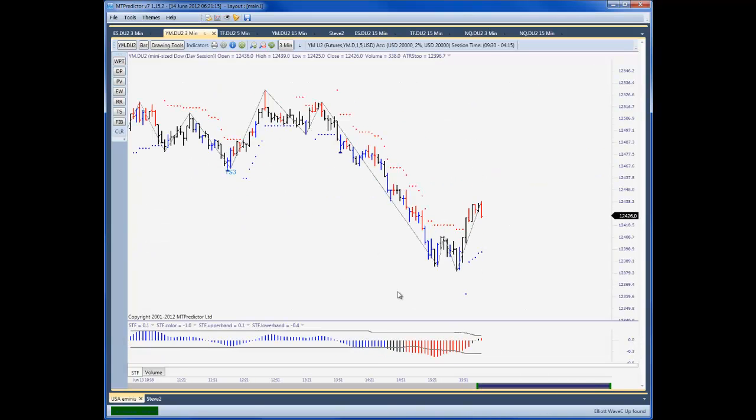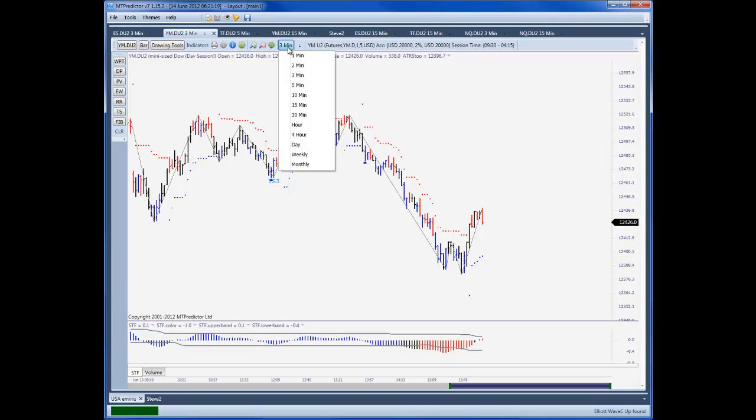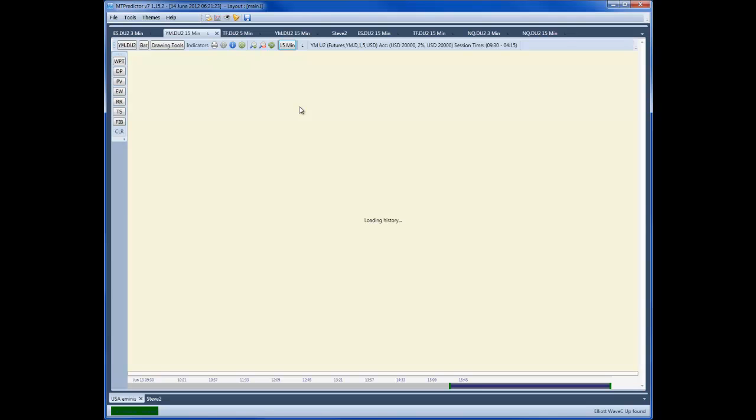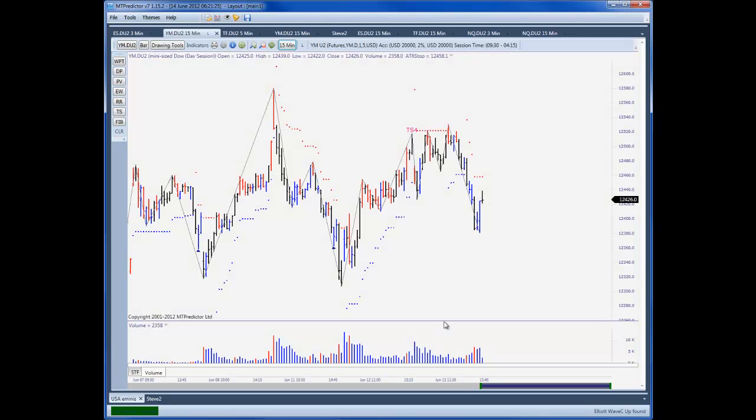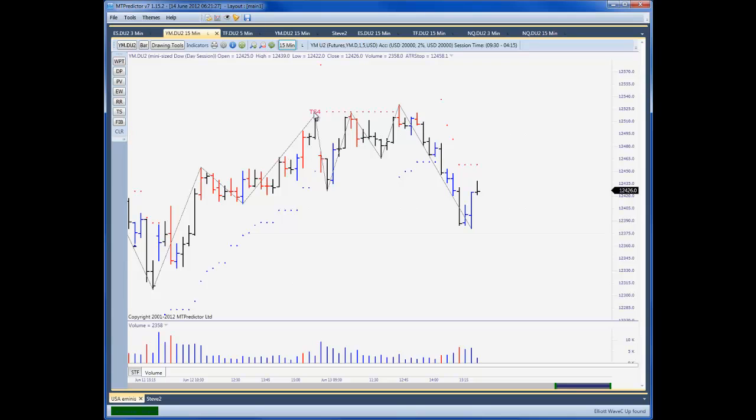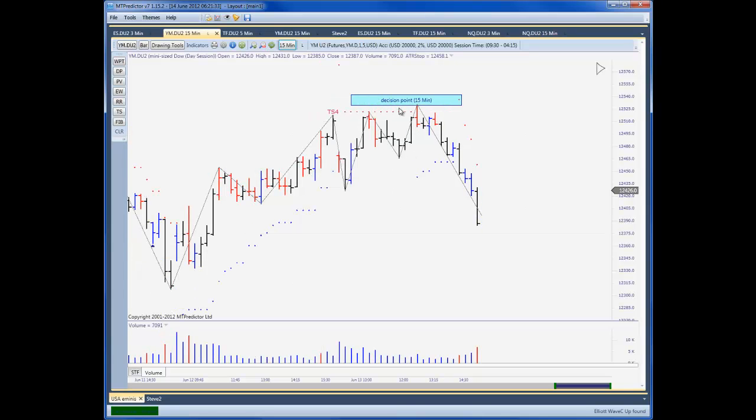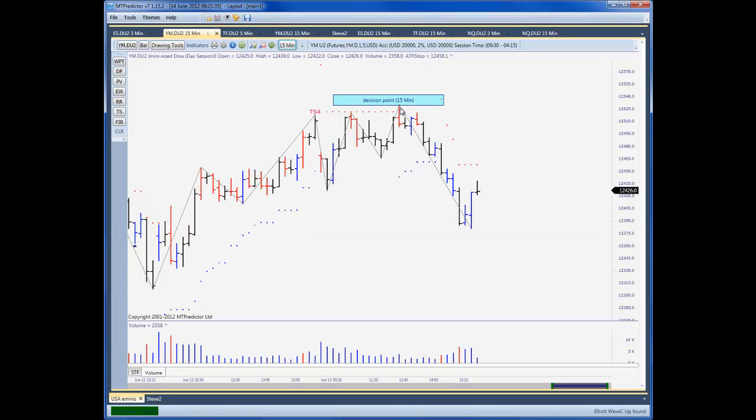For this I'll zoom out a bit and have a look at the 15-minute chart. So I'll swap this to the 15-minute chart, and that's just loading now. Zoom in a bit, and if I take a DP off this prior high, you can see that the market here was actually at 15-minute DP resistance.